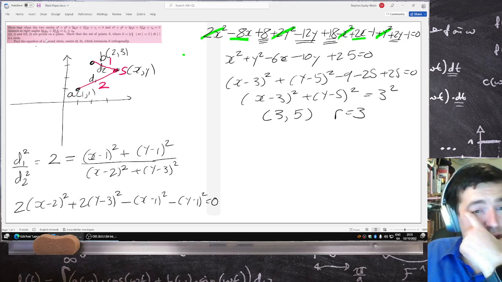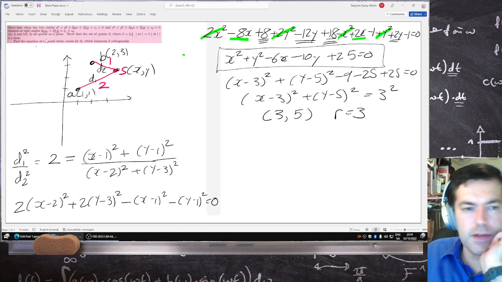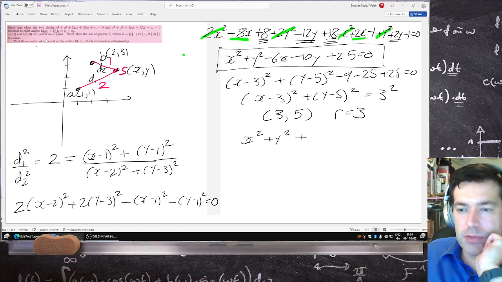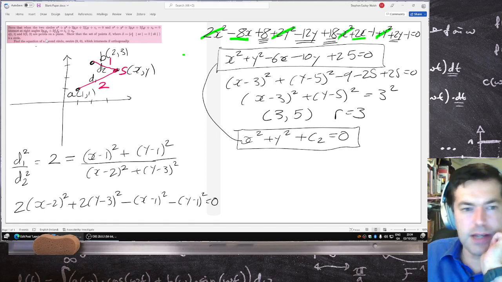Find the equation of a second circle whose center is (0, 0), which intersects S orthogonally. So this is where we could use the result from the first equation. So that's our first circle. And the second circle passes through (0, 0). So that's x squared plus y squared plus c2 equals 0. And we have to make sure these are at right angles.